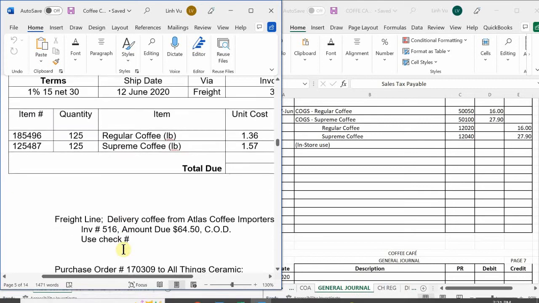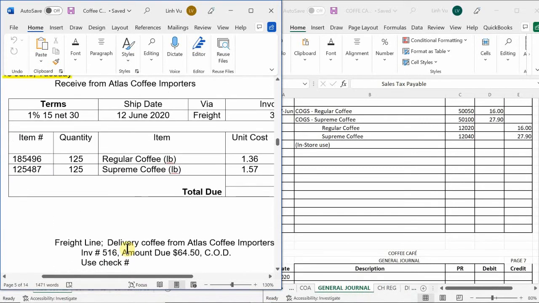And of course, we can't forget that we also had the freight shipping as well. So in this case, you can do these two transactions together just because they do both relate to the transaction here. This is inventory. So how do we go ahead and journalize this?